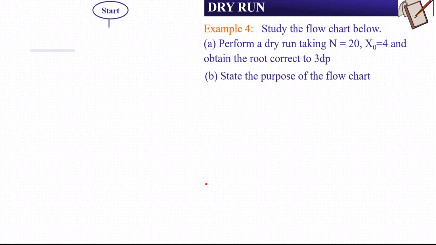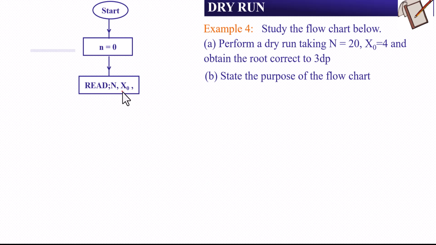The flowchart starts with a value of small n equaling to 0. After that, it reads capital N and then x naught. You will have to note that this x naught comes after n equaling to 0.